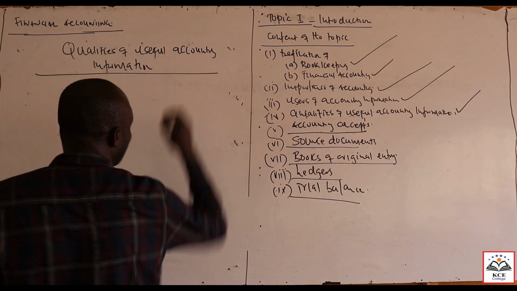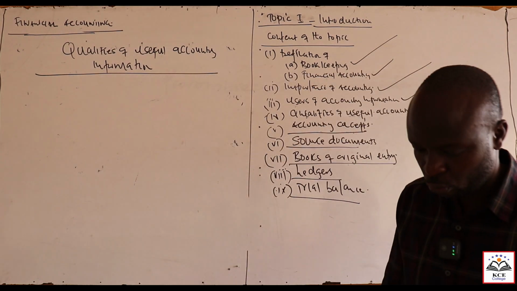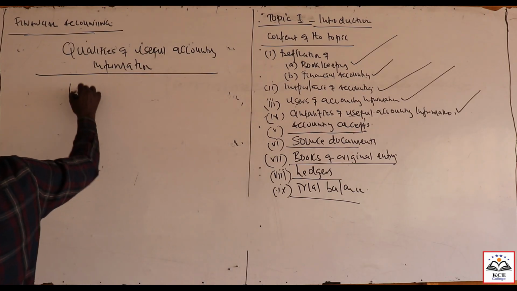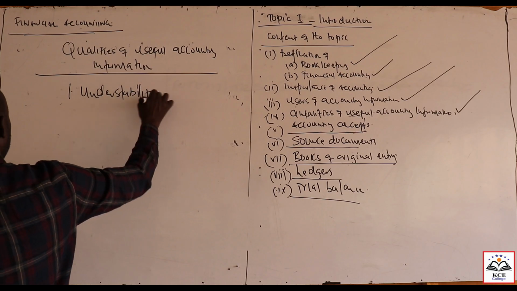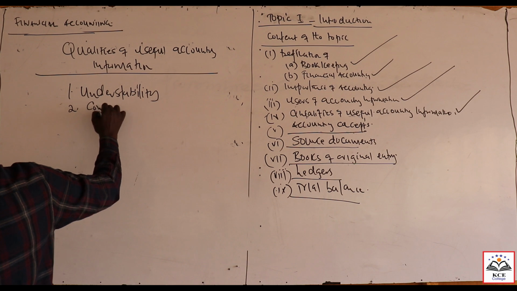Accounting information must have some qualities for it to be of any use to anyone. Number one is what we call understandability. Number two is comparability.